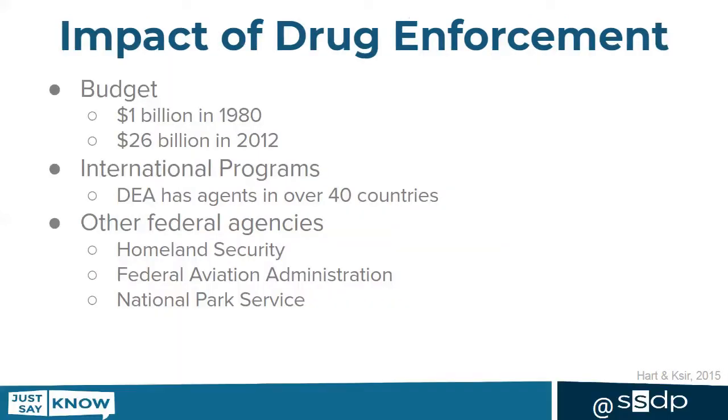So with regard to the impact of drug enforcement, budget is a big one, right? It started at $1 billion in the 80s once these things were ramping up, and it's grown to over $26 billion in 2012. With regard to international programs, the DEA has agents all over the world, essentially, or supposedly, helping countries by developing new crops, and we'll see a little bit of that in a video coming up here.